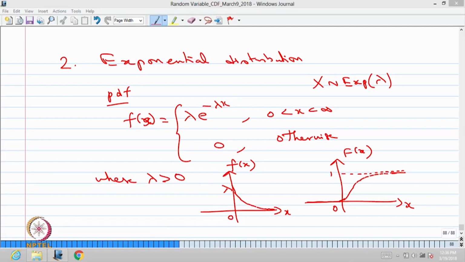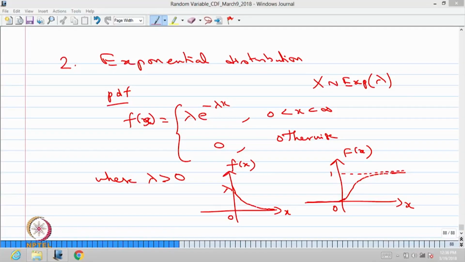There are some books that use the word negative exponential distribution, but here we use the word exponential distribution. That means the probability density function is lambda times e power minus lambda x. Some books use the parameter 1 by lambda instead of lambda. Whether you use 1 by lambda or lambda does not matter; at the end of the day, whether you compute moments or anything else, everything is going to be a function of the parameter.